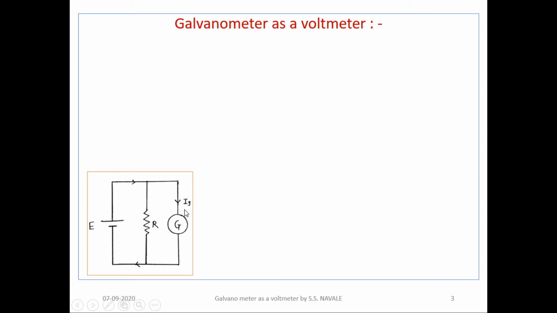So its voltage measuring capacity is also very small and we have to increase its voltage measuring capacity. For that we have to increase its effective resistance. We know that current chooses the shortest path. That means where the resistance is lower, larger current can pass through it.